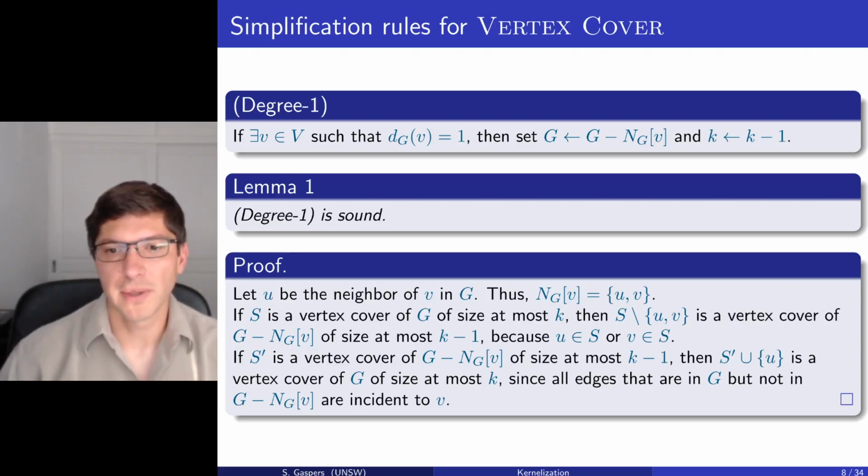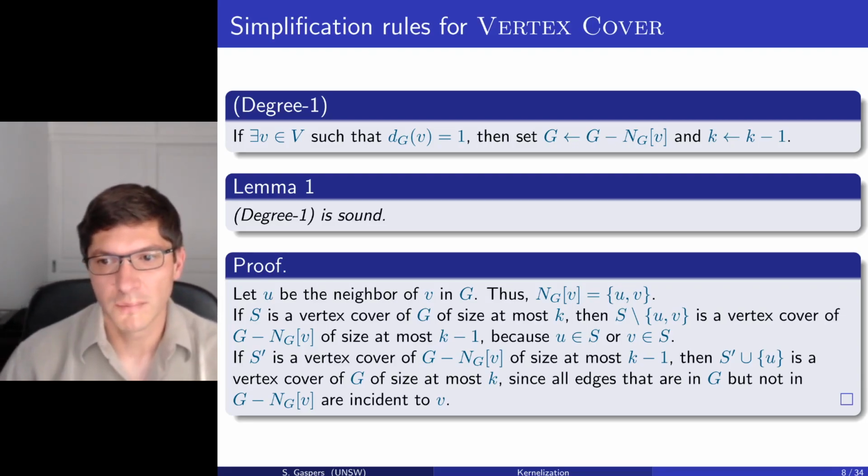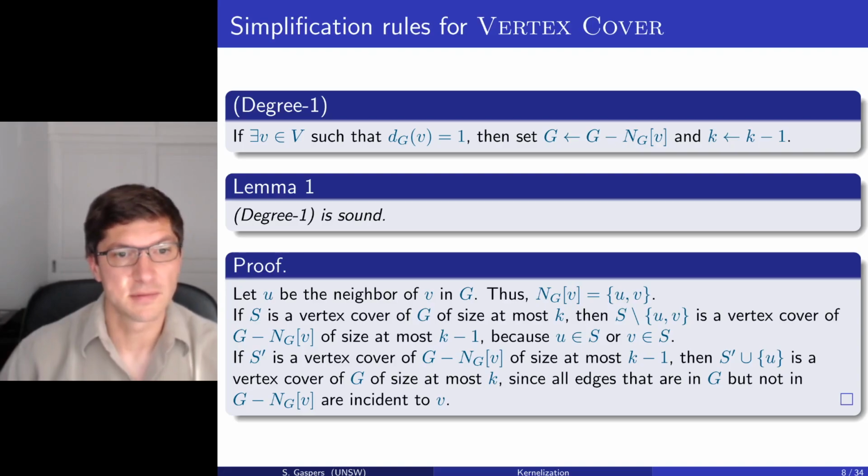And we added one vertex to S prime, so we get a set of size at most K. So this set is now a vertex cover of G, and this shows then that the input must have been a yes instance.